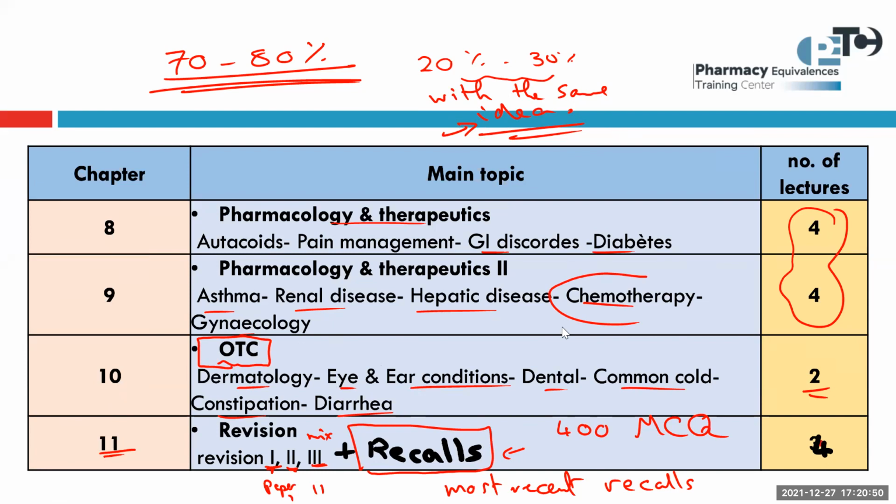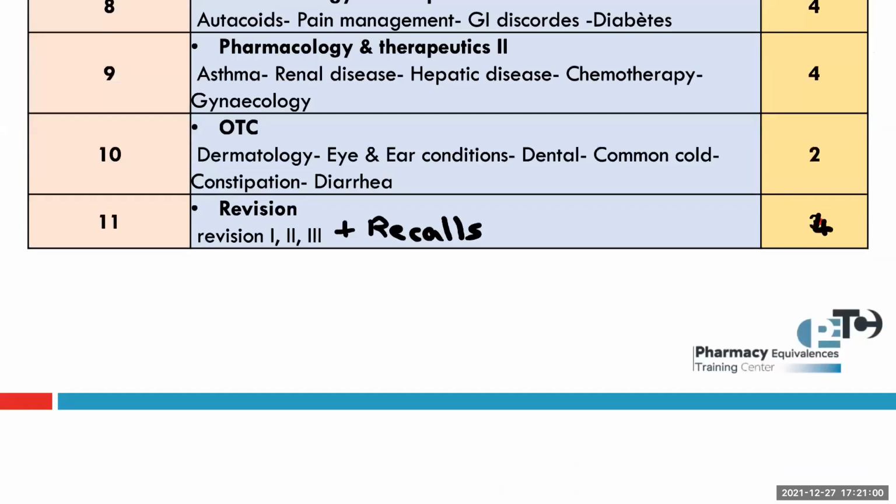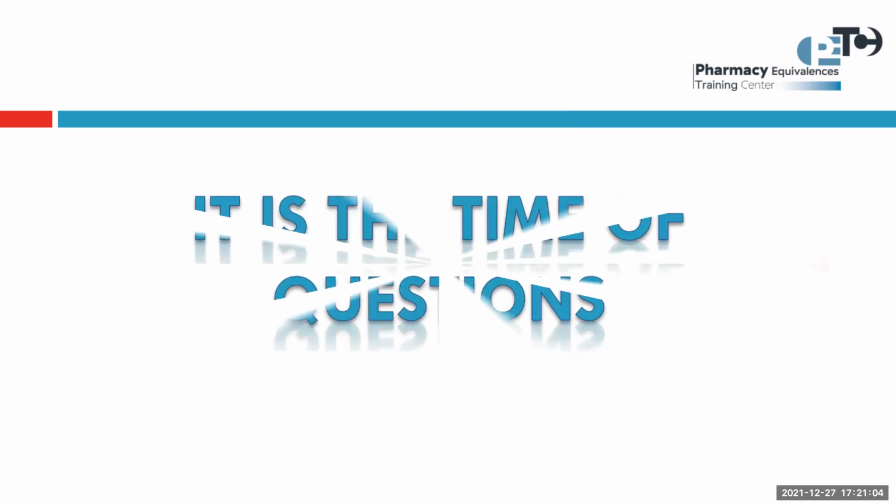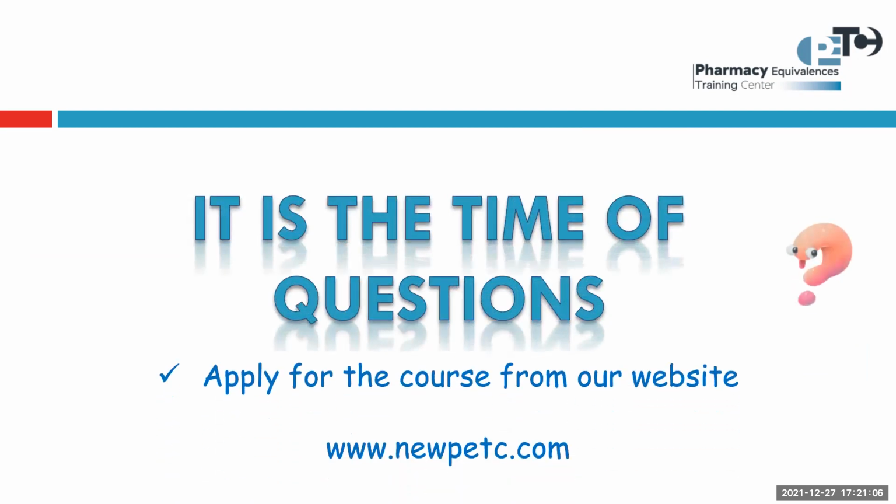Now, let me discuss with you our system, how we can prepare, or the system of the course. Before we start the open discussion, let me share the system of the course.